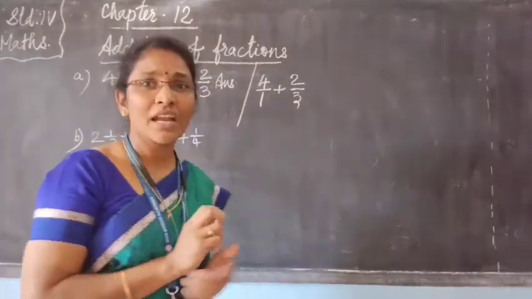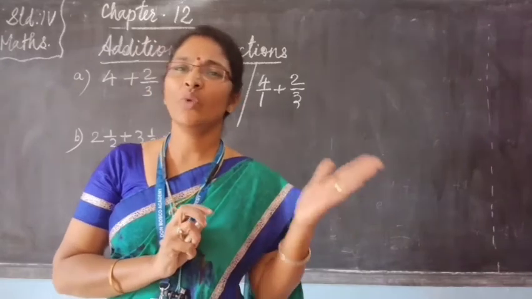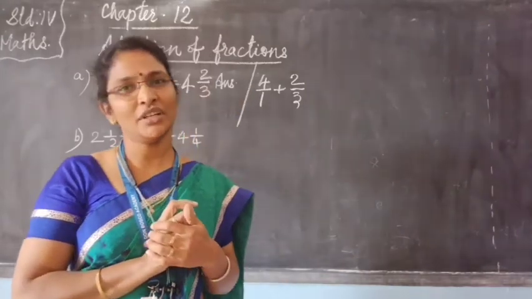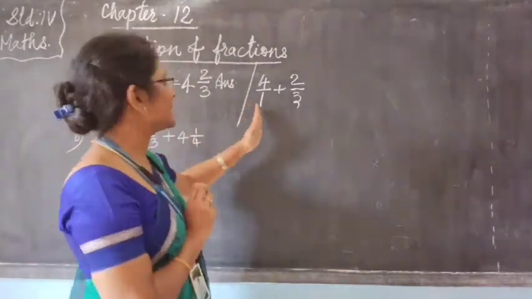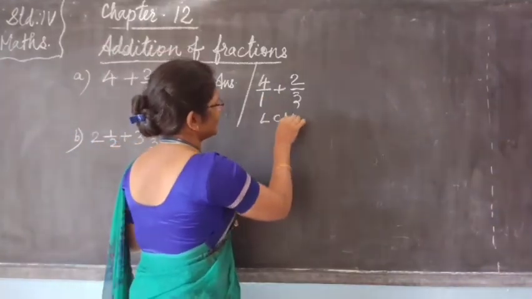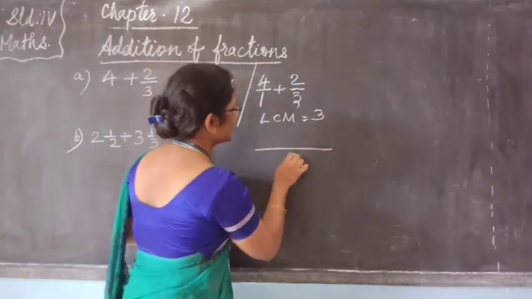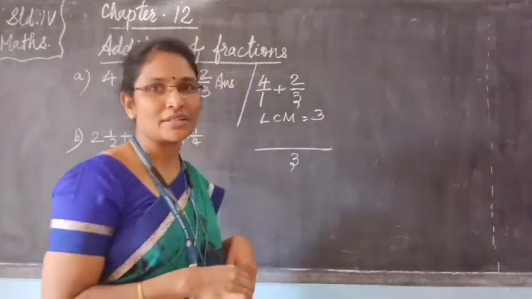Now you can see the denominators are different. In such a case, what do we do? We find the LCM of the denominators. LCM of 1 and 3 is 3. LCM will be 3. Next step, we write 3 as the denominator.